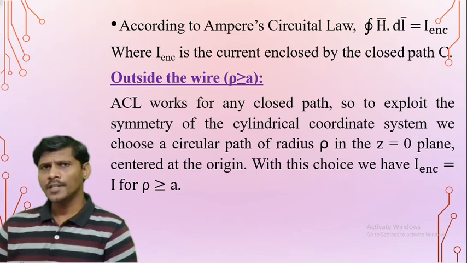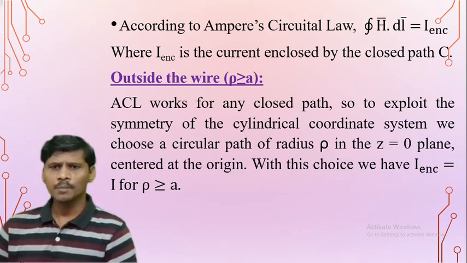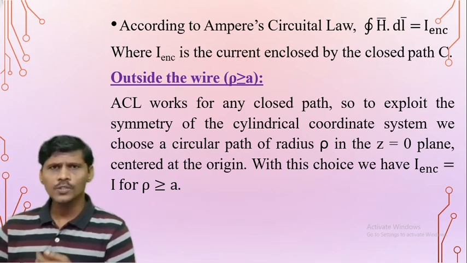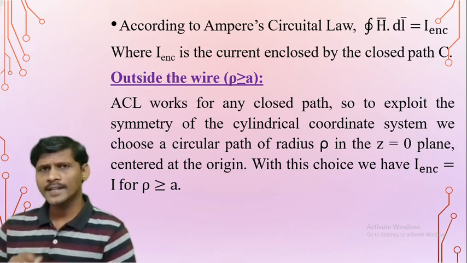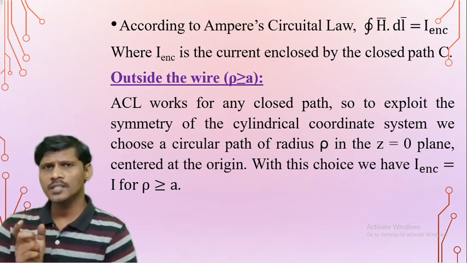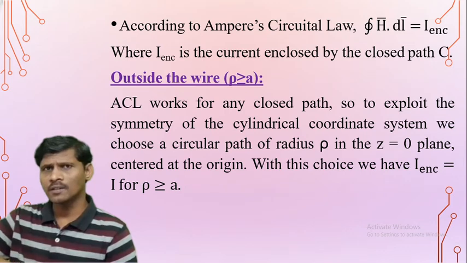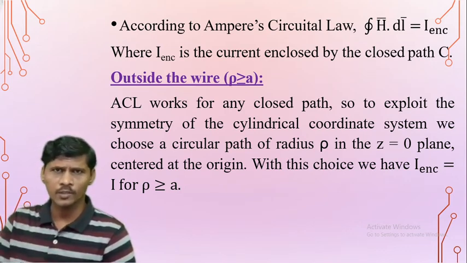Determine magnetic field intensity in two cases. Case 1: consider the closed path or Ampere path outside the wire. The conducting rod radius is a meters, and rho is the radius of the Ampere path, that is rho greater than or equal to a.